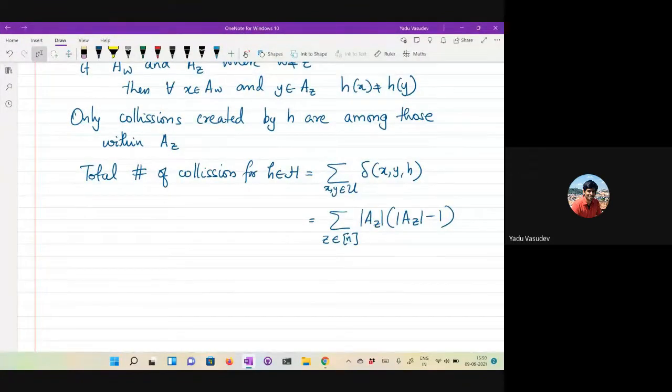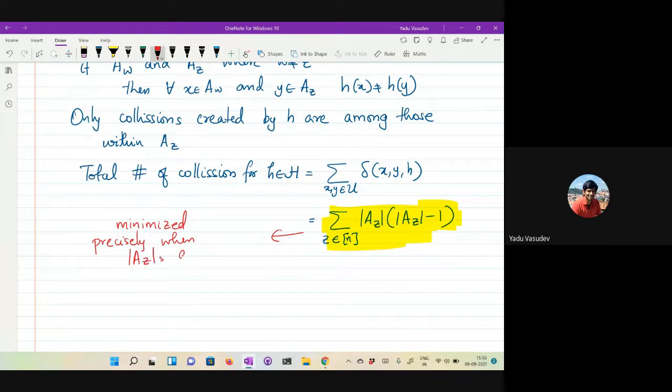We can say that this term is minimized precisely when all the A_z's are the same, which is something you can just verify. This is minimized precisely when the cardinality of A_z is equal, which means that every class, every part in the partition, has the same number of elements, something like m over n.